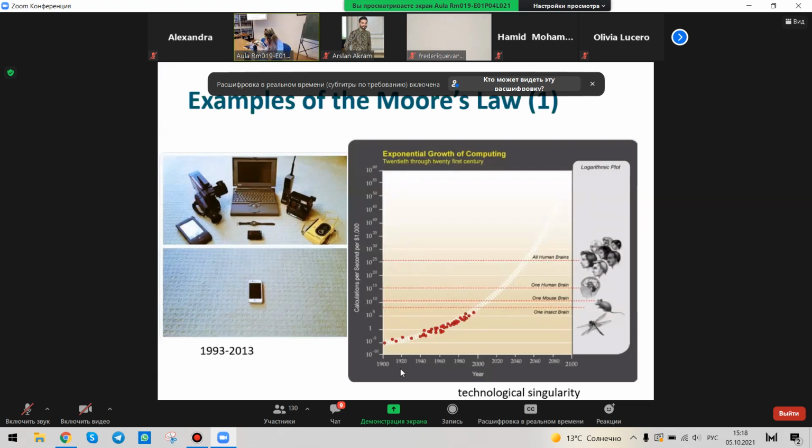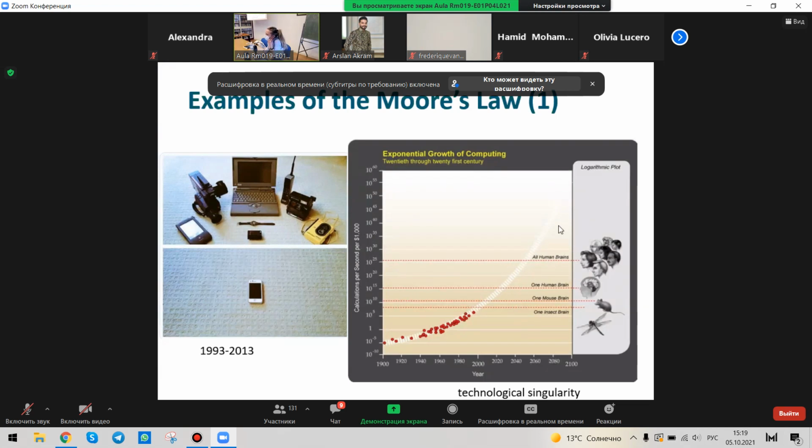And according to this growth that we defined as exponential with the Moore law, we have that some implications can lead in the very, very near future to the so-called human brain computer.